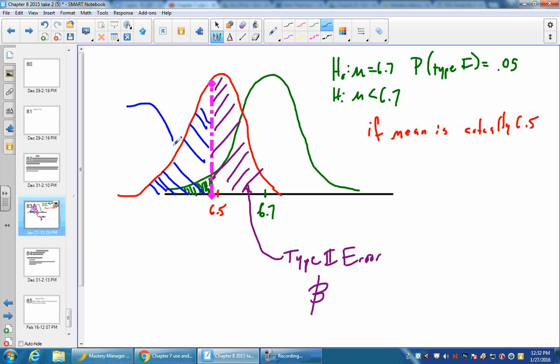So this blue is our power. It's kind of a complicated idea. Power is the probability that you reject the null hypothesis of 6.7 when the true mean is 6.5. The type 2 error is the probability we fail to reject the null hypothesis of 6.7 when the true mean is actually 6.5.